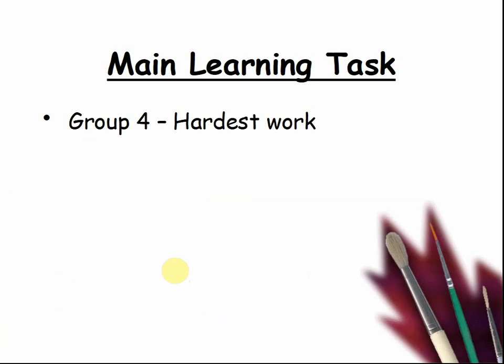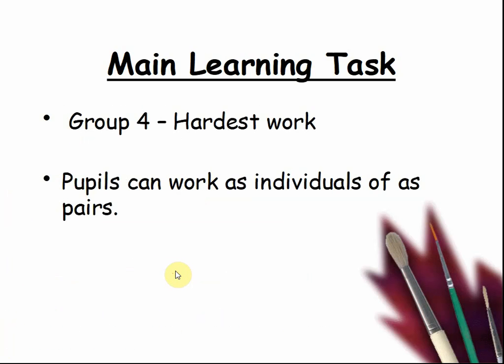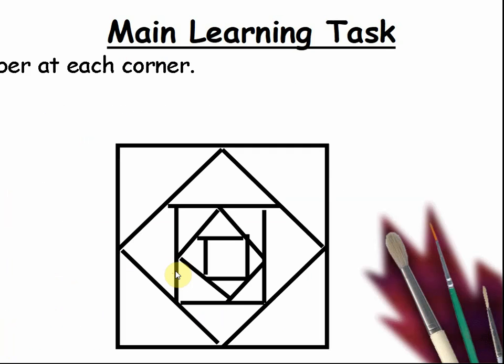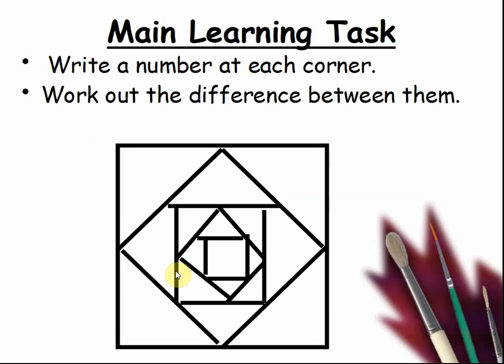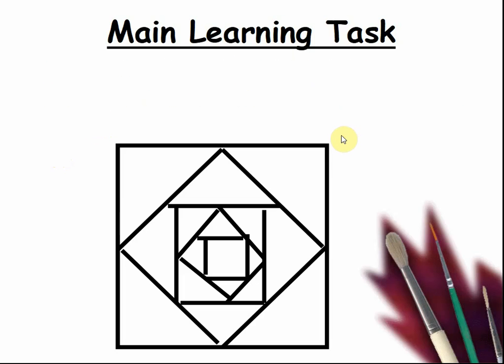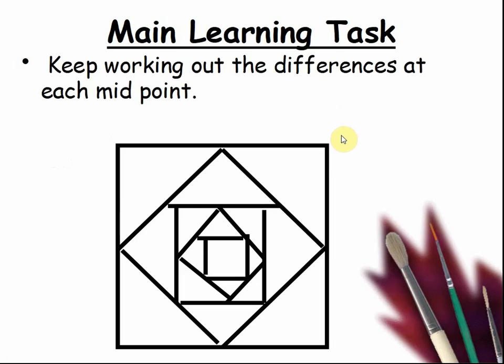Group 4, hardest work. Pupils can work as individuals or as pairs. Write a number at each corner and work out the difference between them. For example, you could write 200 and 100 here. Keep working out the differences at each midpoint.